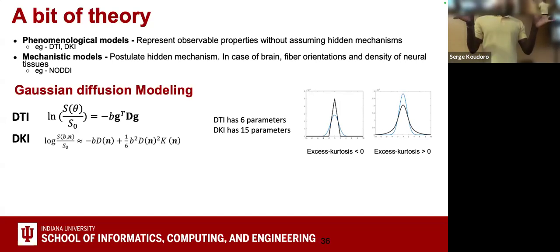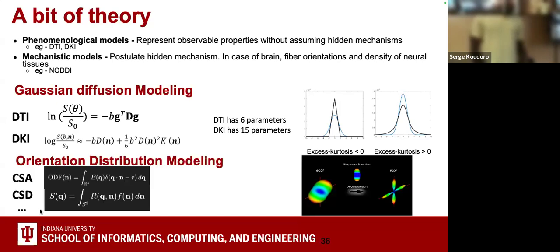So this is the first family. And then you have the other family, which is orientation distribution modeling. The big difference between these two families is that in one family, in one voxel, you represent it as a Gaussian model. Now, every voxel has this ODF, or orientation distribution of your water.